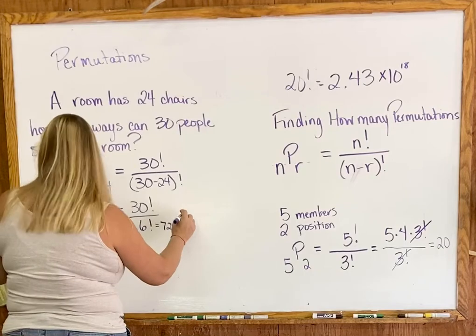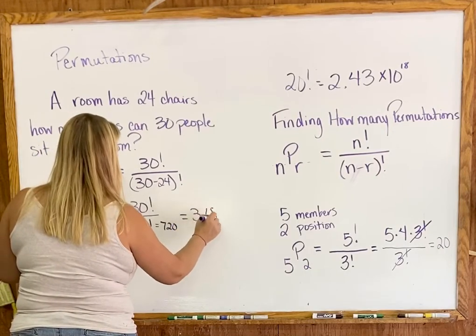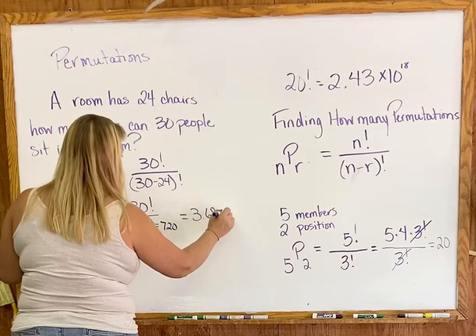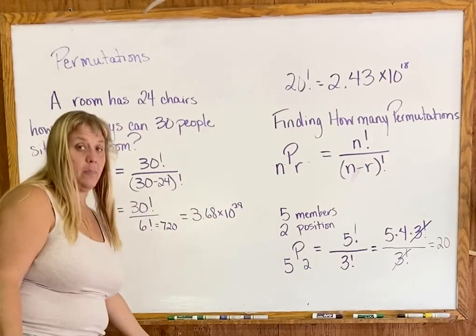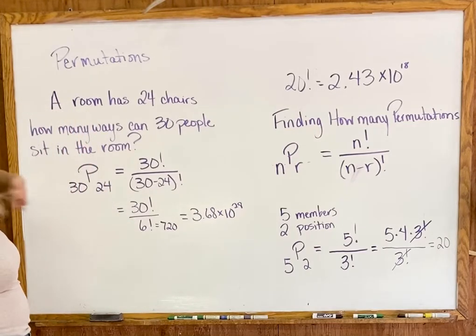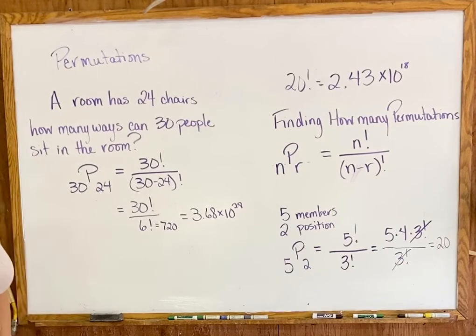And I got 3.68 times 10 to the 29. So if we want to arrange 30 people into 24 chairs, some people are going to be standing at the back, but there are 3.68 times 10 to the 29 different ways we could do that.